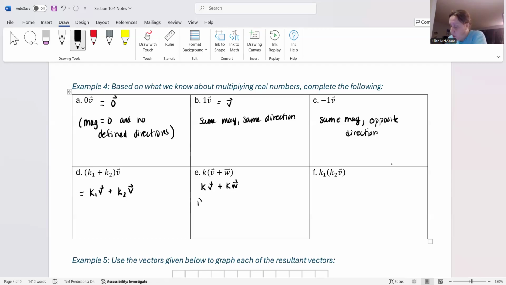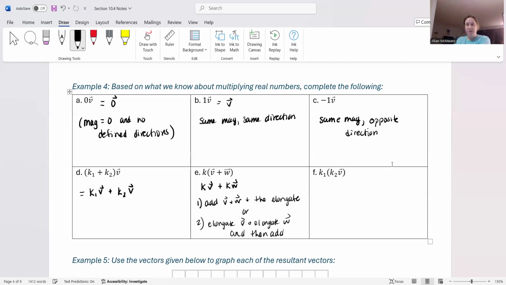So you can either, one, add v and w and then elongate, or you can elongate v and elongate w and then add. You end up with the same resultant. Okay, so this is kind of the distributive property of scalar multiplication.